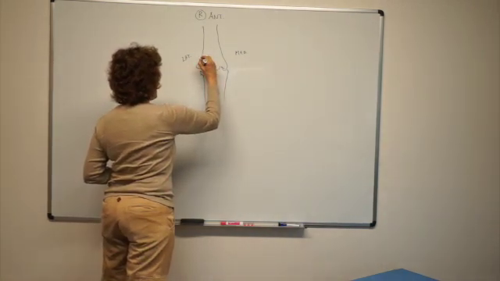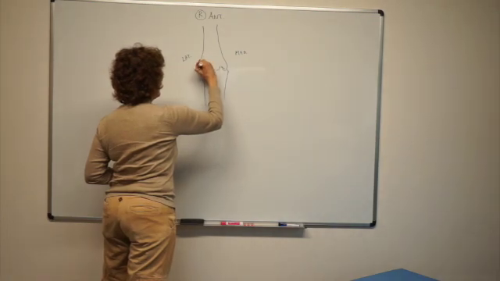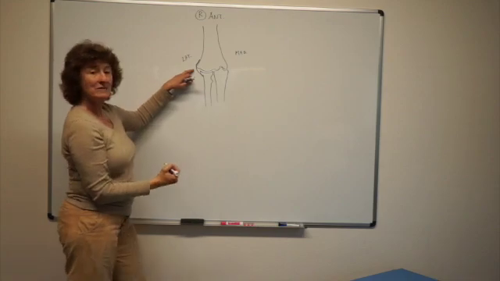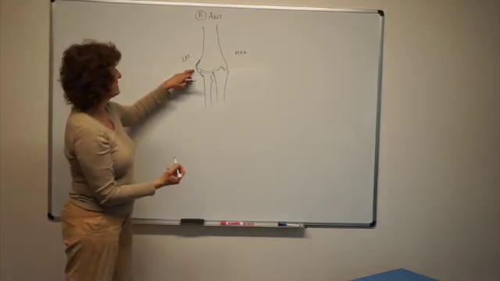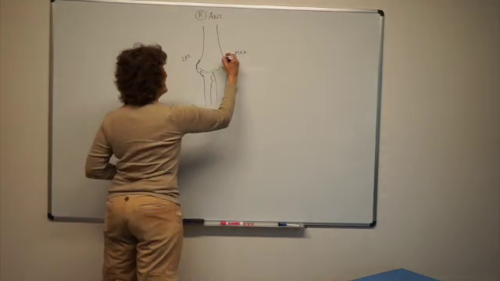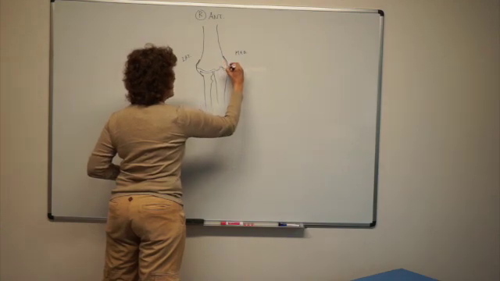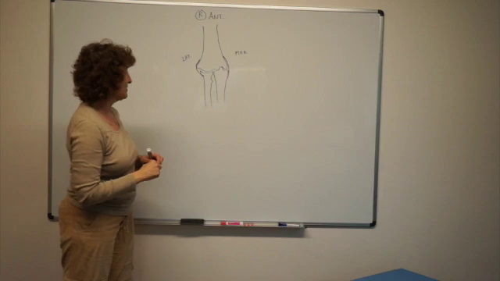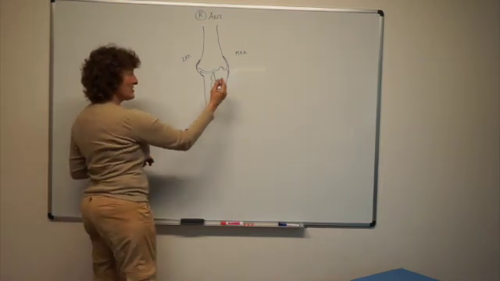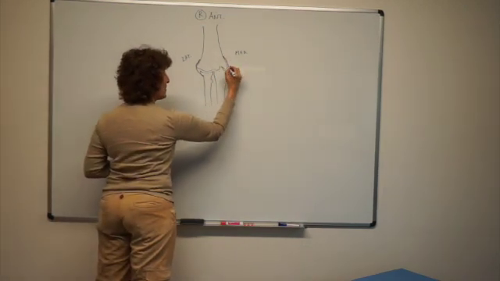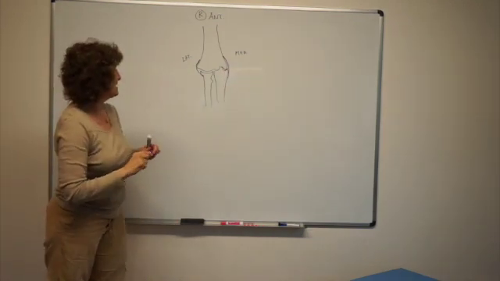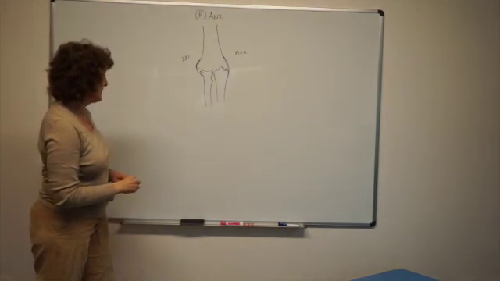We want to prevent valgus and varus motion. So we have the lateral collateral, or radial collateral ligament, and we have the medial collateral ligament or ulnar collateral ligament. In addition to just medial fibers, there are posterior fibers, which we'll discuss as we evaluate this joint.